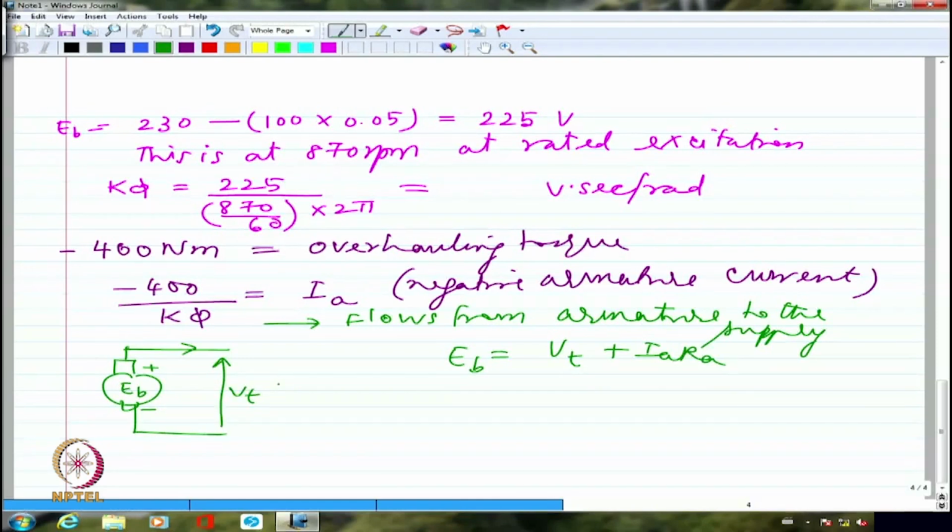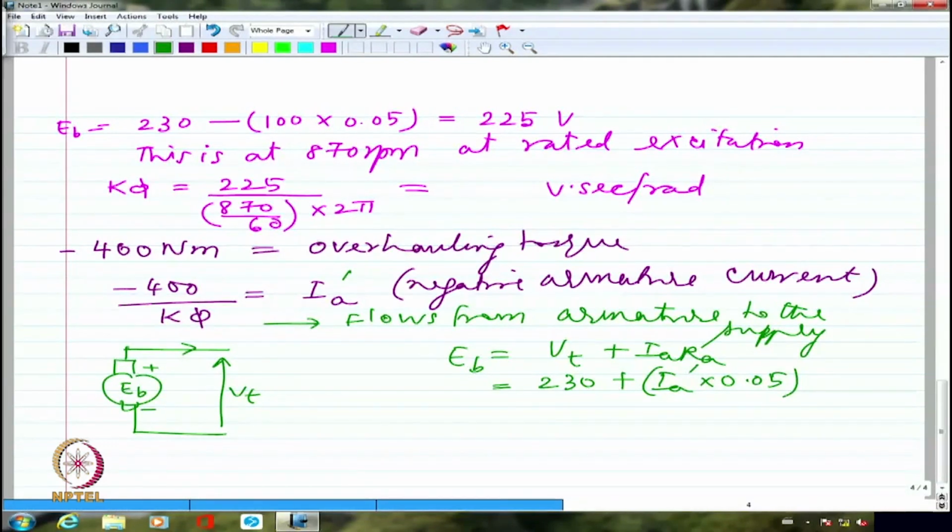The current is exactly flowing in the opposite direction. So whatever is the generated voltage, from that I am going to have IA RA drop, rest of it is going to go as the terminal voltage. Right? So in this case VT is still a constant 230, IA I must have gotten here, let me call that IA dash, RA is 0.05. So I have got clearly the value of the voltage.